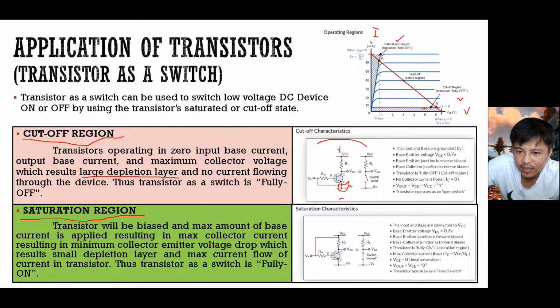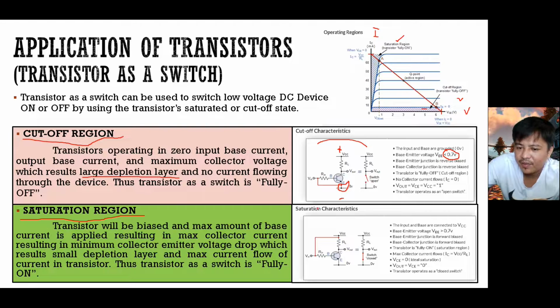Since connected siya sa zero, ang papasok sa ating base ay zero din, kumbaga hindi mo pa siya ina-applyan ng voltage na mahihigitan niya tong 0.7 volts since we are using a silicon type transistor here.